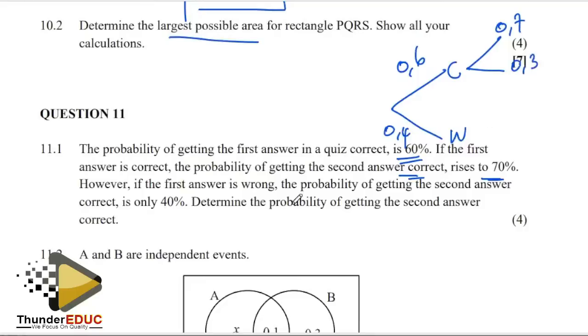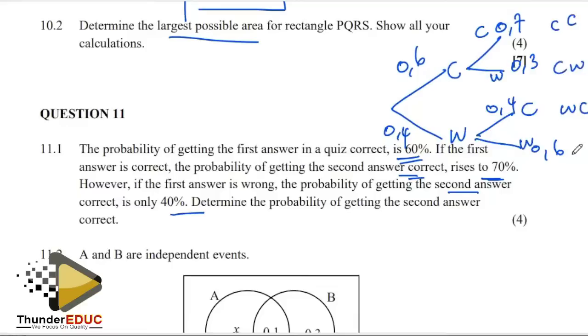But then they're telling you that if the first answer is wrong, the probability of getting the second answer correct is 0.4 or 40%. So that's a 0.4, and then this is a 0.6. This is correct. This is wrong. So the outcomes will be correct-correct, correct-wrong, wrong-correct, and then wrong-wrong.